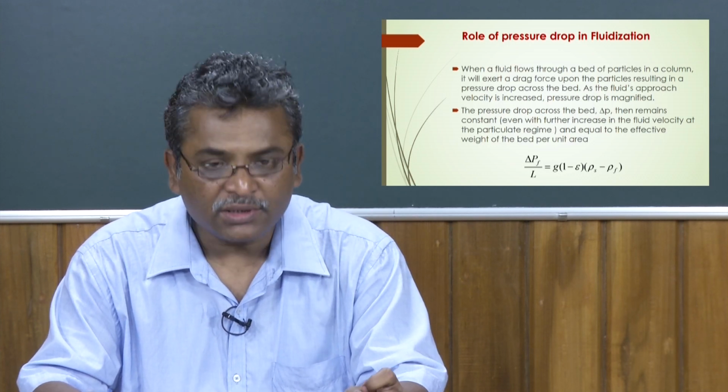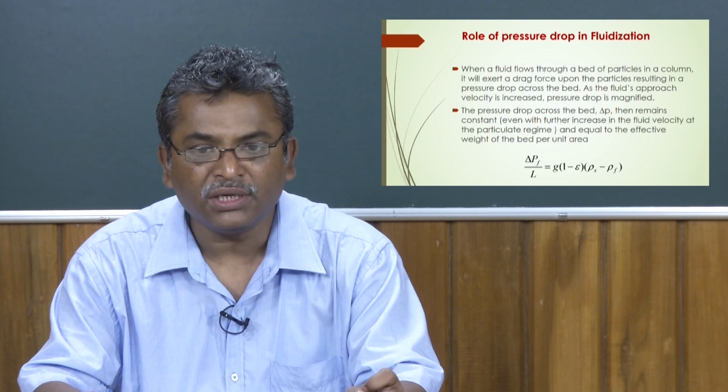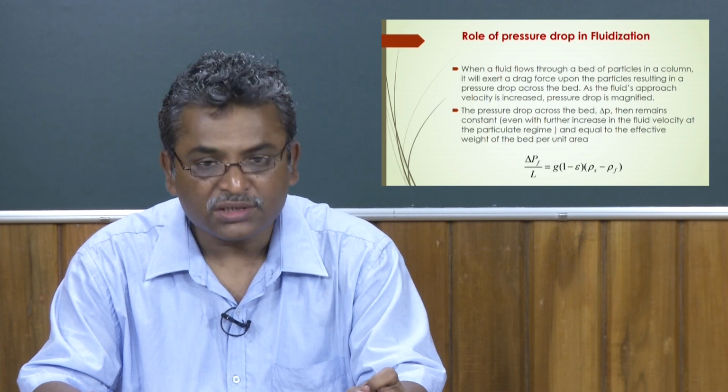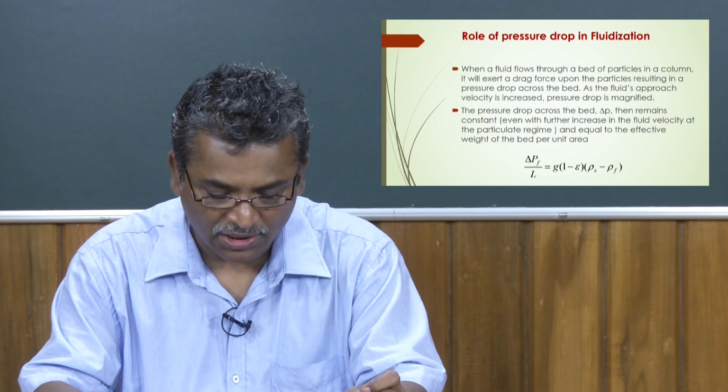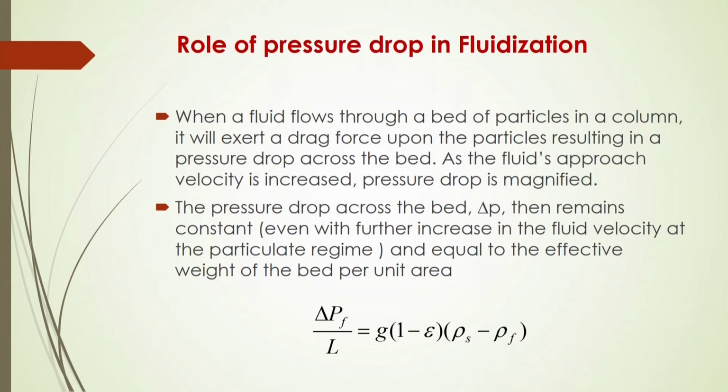Generally, for particulate flow regimes where bubbling is not possible, gas is flowing upward just through the space of the particle bed. In that case, it is called the particulate flow regime. So, in the particulate flow regime, the pressure drop remains constant even if you increase the gas velocity or fluid velocity inside the bed.